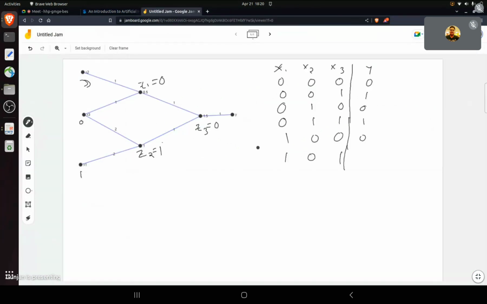x1 implies not x2 implies x3, x1 implies x2 implies x3. Okay. Then I think it's better if we generate the entire truth table. Let's not hurry. So here we have z1 0, z2 0, z3 0, 0, 0, and 1. So we have 1 0 1 as x1, x2, x3.